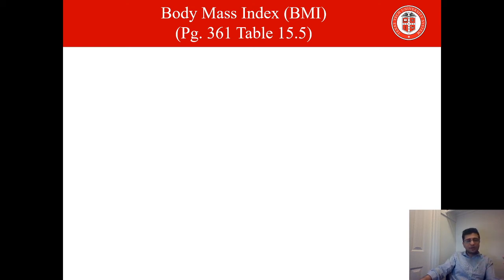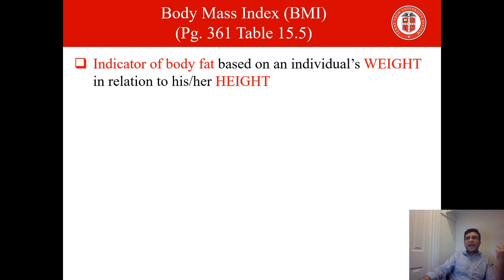You might have heard of it, you might have taken it a lot of times, but I just want to summarize some of the key information which you should be aware of about BMI. As the definition says, it is an indicator of body fat and it is based on two big measurements, the person's weight and the person's height.